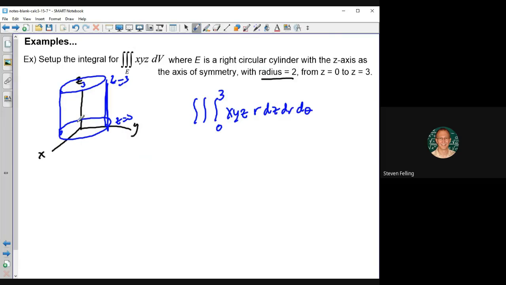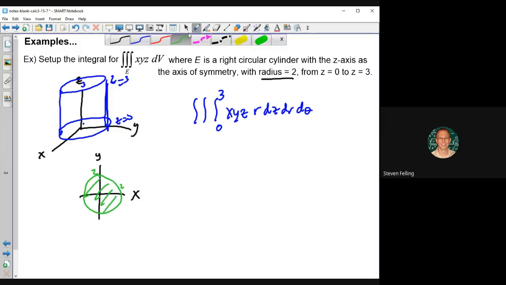The r is going to go from, so imagine now that on the outer integral you are on the xy plane covering a domain that has a radius of 2. We're covering it with polar coordinates. So r goes from 0 to 2.